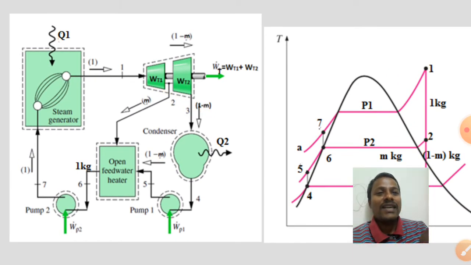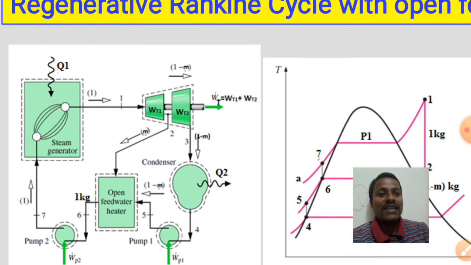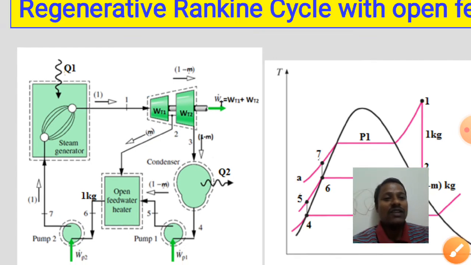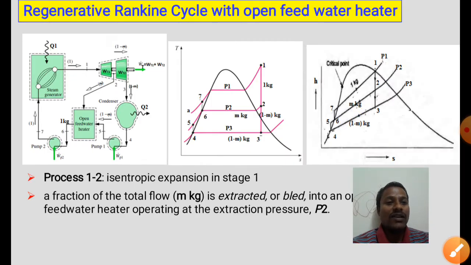So out of this 1 kg entering here, a fraction of m kg is drawn out to send it into the feed water heater, but its pressure is P2.